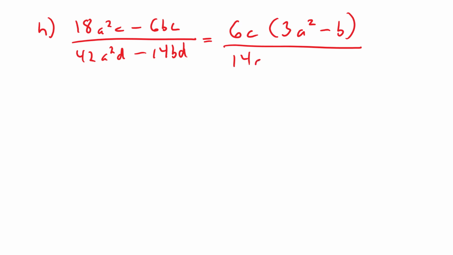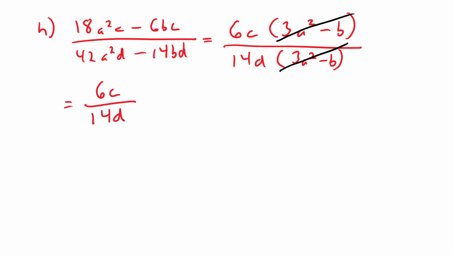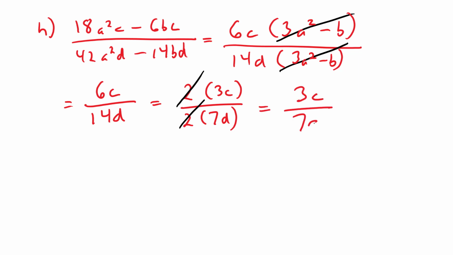And I can also pull out a d. 3a squared minus b. Look at that. These cancel each other out, and I'm left with 6c divided by 14d. Can I factor this anymore? I can. I can pull a 2 out of the top, and I can pull a 2 out of the bottom. I factor it first, and then I cancel those factors. 3c over 7d, final answer.